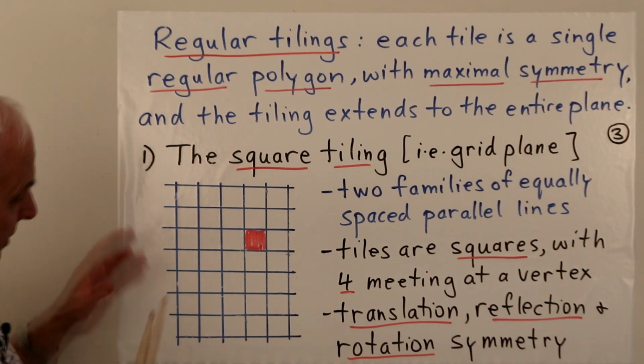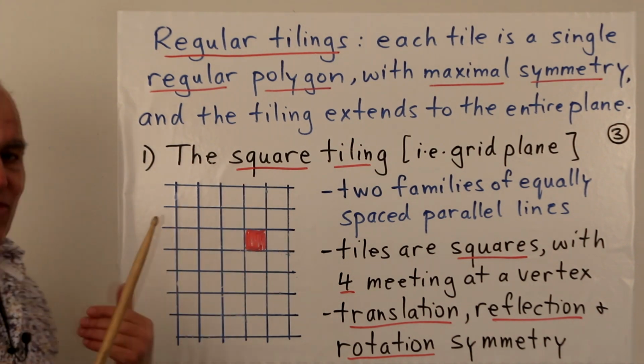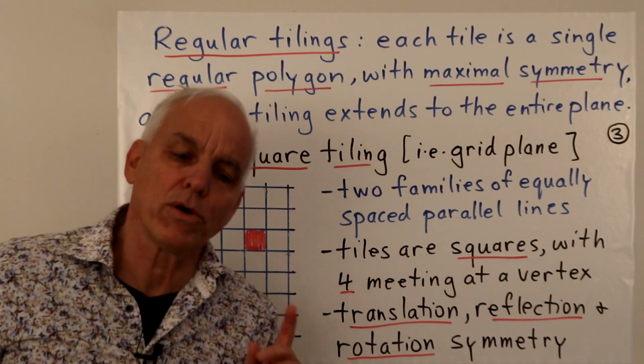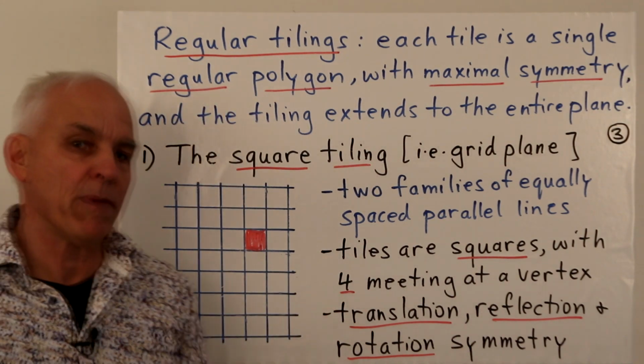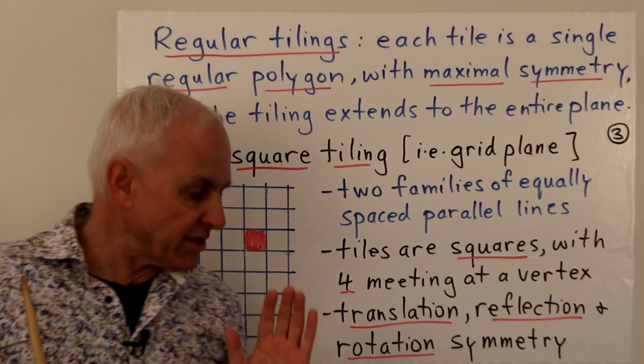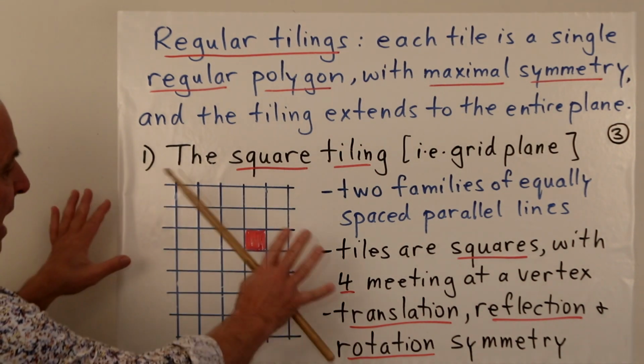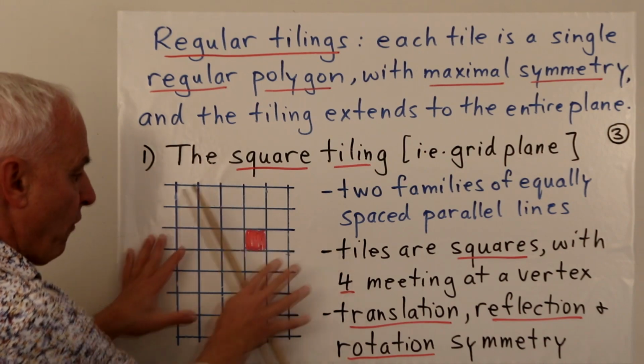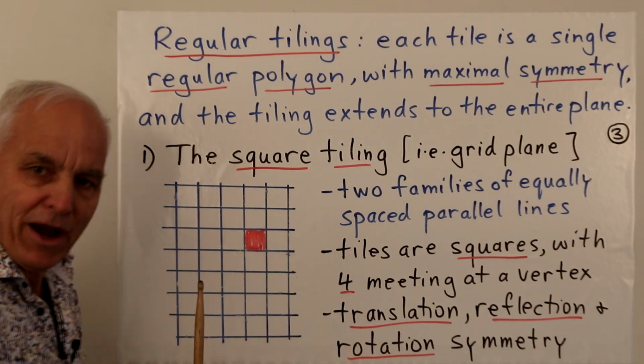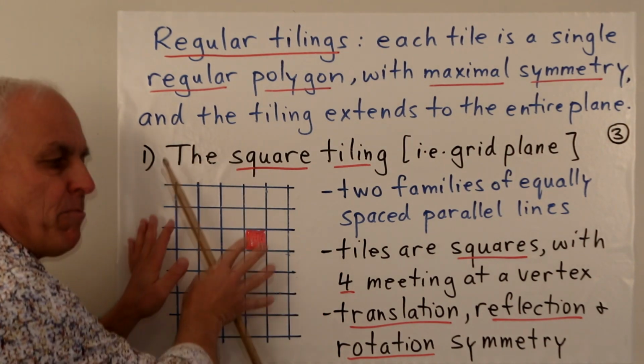Okay, and then additionally, this has a lot of symmetry. Now that's a very important concept that we're going to have to talk about more. But at this point, let's just note that there's a kind of obvious translation symmetry. If we take this pattern and move everything over by essentially one square, then the pattern is superimposed upon itself.